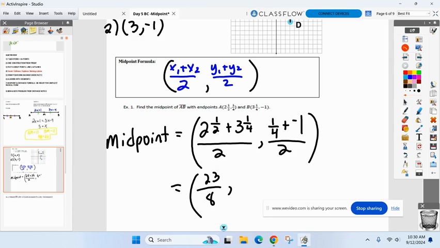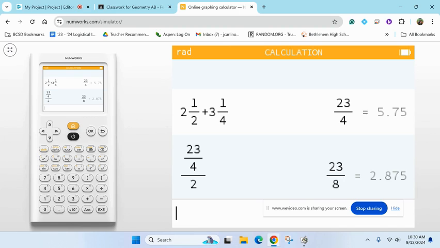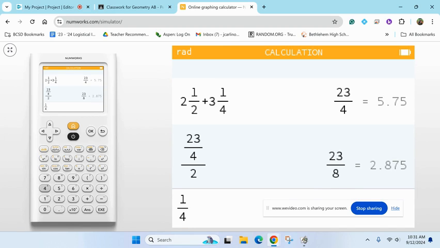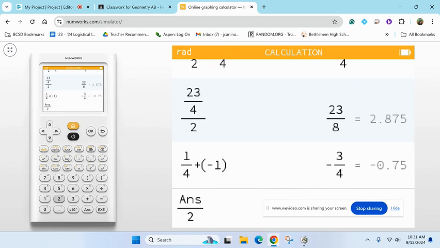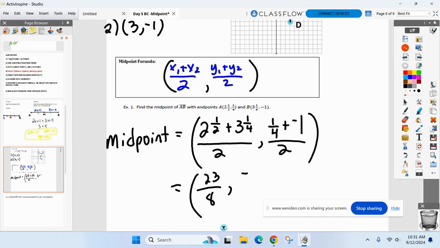Now let's do the y coordinates, 1/4 and -1. So 1/4 plus -1, and then I'm going to divide that by 2. -3/8 should be my y coordinate. Again, you can leave the decimal versions, just make sure they're both decimals.